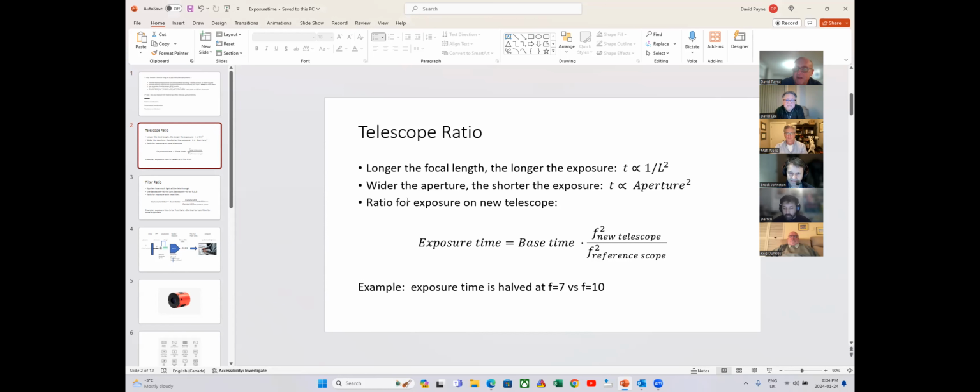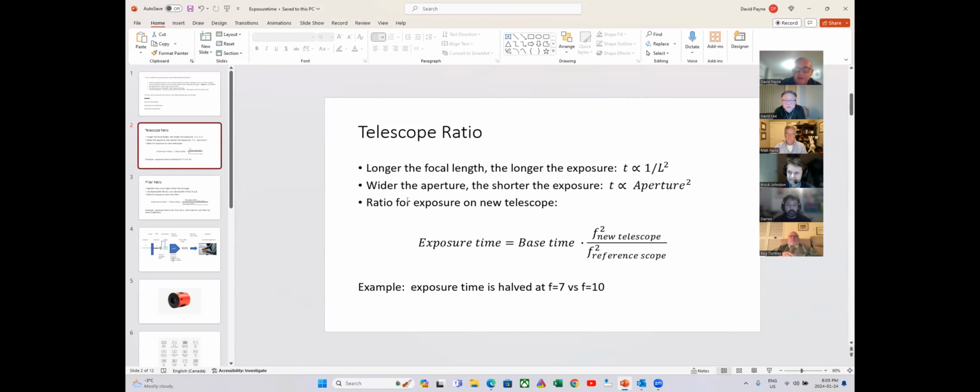Really it's one F squared divided by the other F squared. It has to do with how much light the telescope's letting in, how much it's expanding the night sky on your frame, and all sorts of things like that.